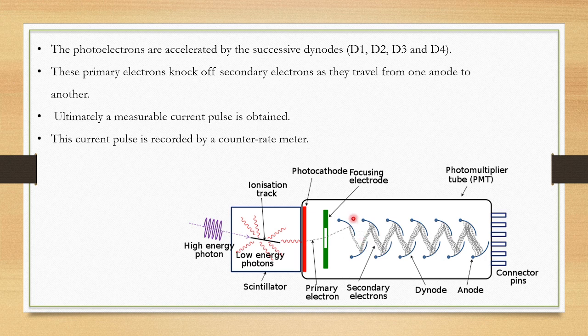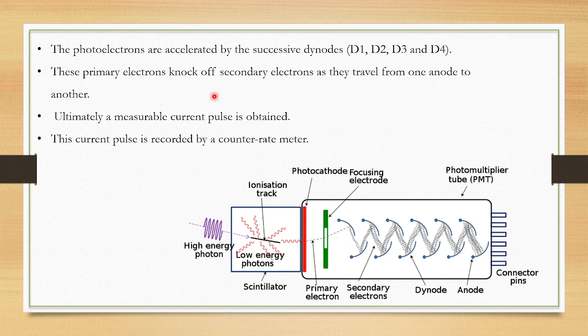After that, these are the dynodes. This is the dynodes D1, D2, D3, D4. These are the different dynodes. So these primary electrons are accelerated by the successive dynodes.